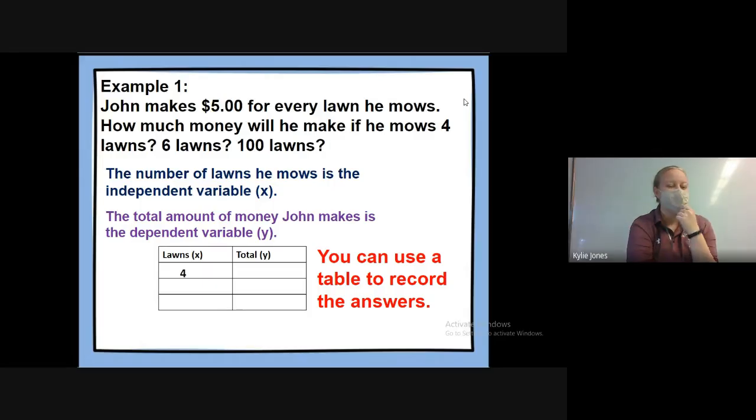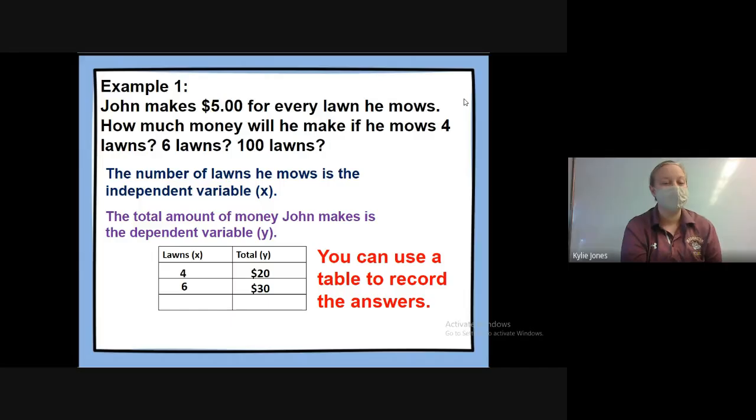How do we figure out how much money he makes if he mows 4 lawns? You multiply the 4 lawns times the amount of money he makes per lawn. So we would take 4 lawns times $5 and get 20 bucks. What about if he mows 6 lawns? 6 times 5 is 30.